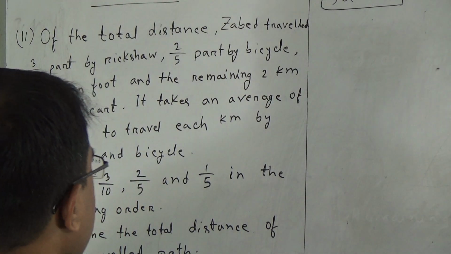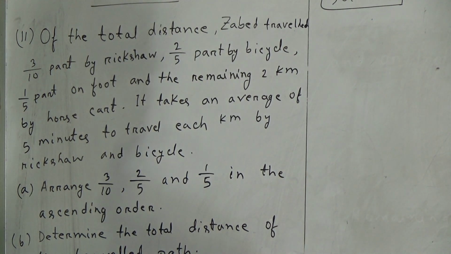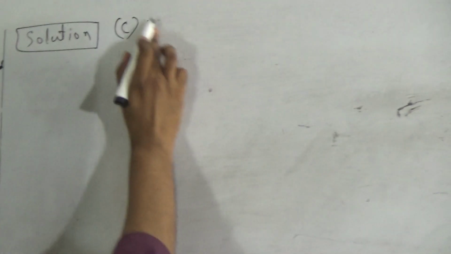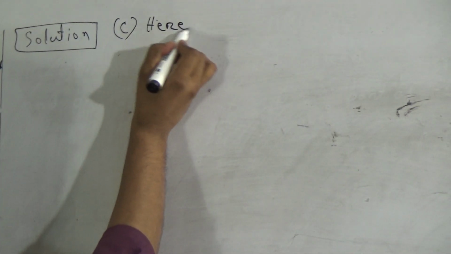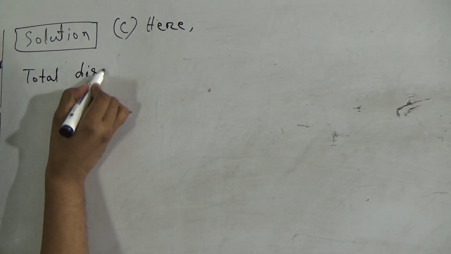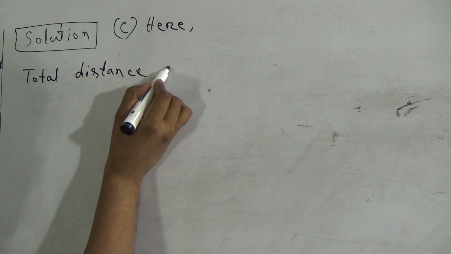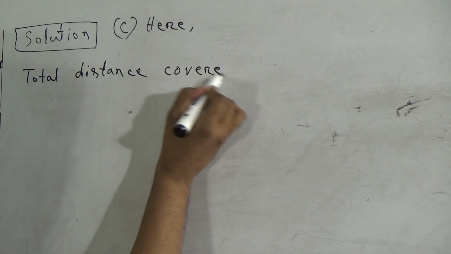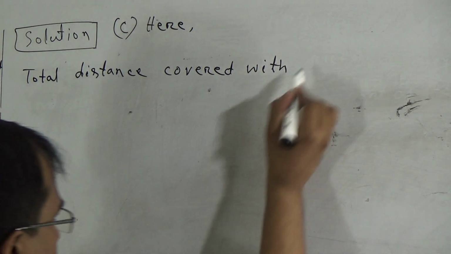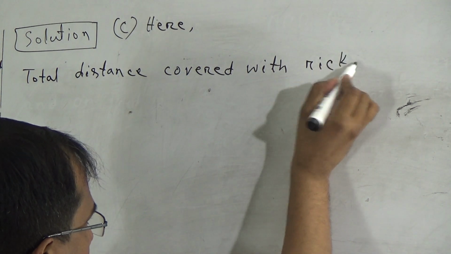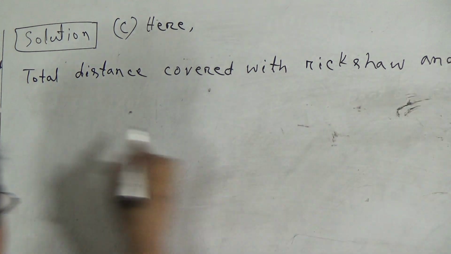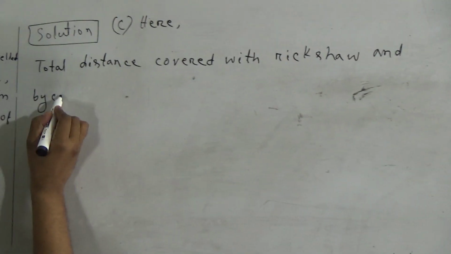Distance covered with a rickshaw and bicycle is total distance covered with rickshaw and bicycle.